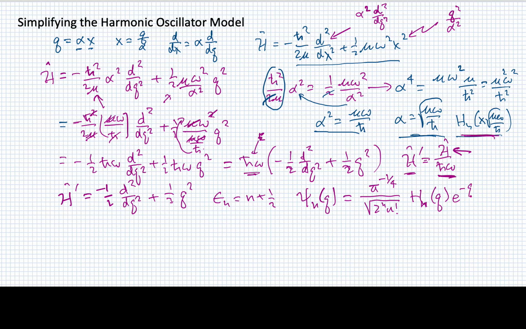And then the exponential part is just e to the minus q squared over 2. So I hope you'll agree that this is a little bit simpler way of seeing those Hamiltonian and eigenfunctions, and it leads to a simpler differential equation to solve.